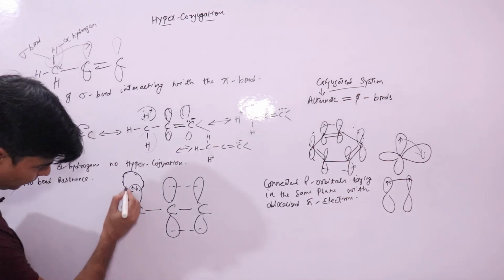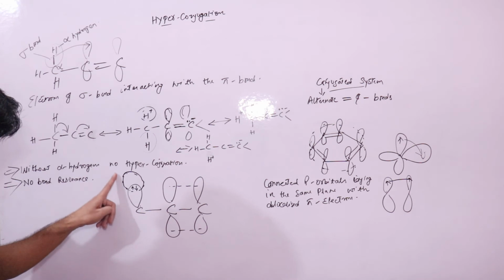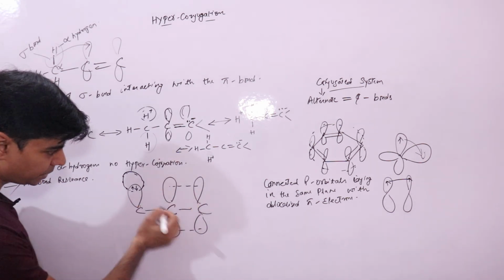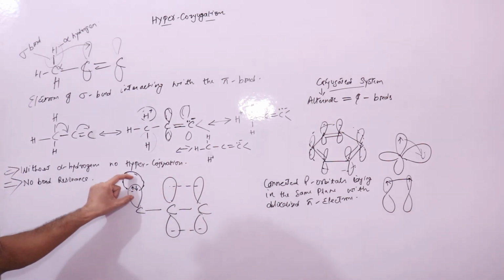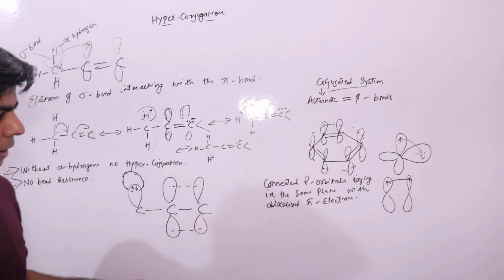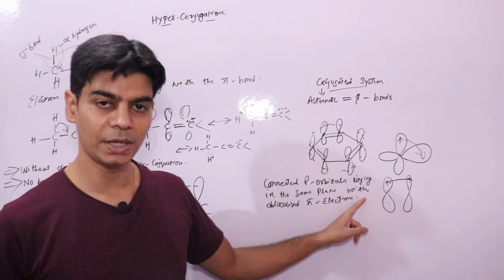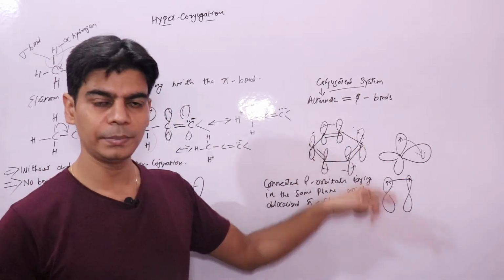Now this CH bond should be in the plane of this p orbital. All these should be in the same plane, so that electrons of the CH bond can delocalize into this system of p orbitals. Like in conjugation, all these p orbitals are in the same plane, that is why the pi electrons can move from one p orbital to another.